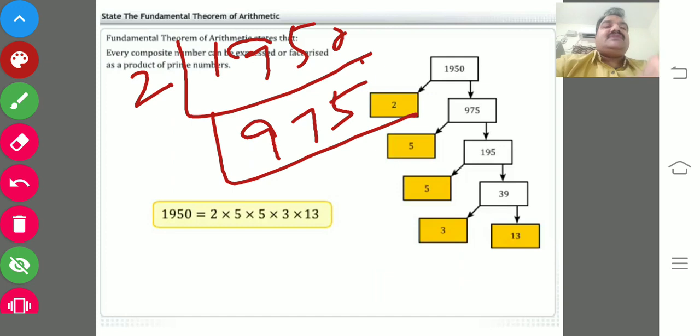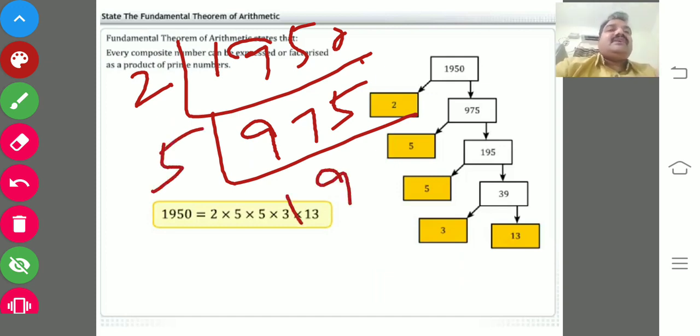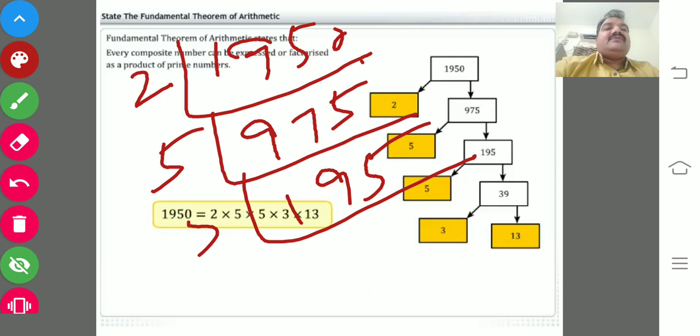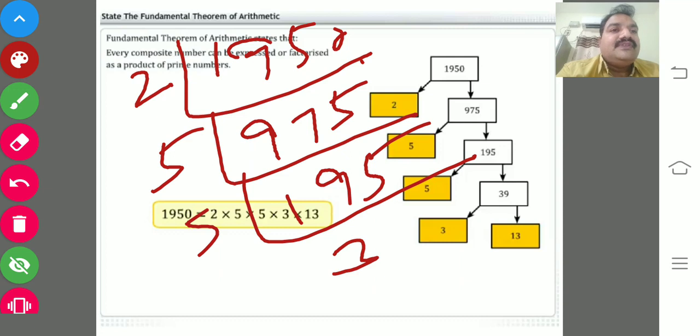The number is ending with 5, so you go with 5. 5 times 195 is 975. Again with 5, because it is ending with 5. 5 times 39 is 195.